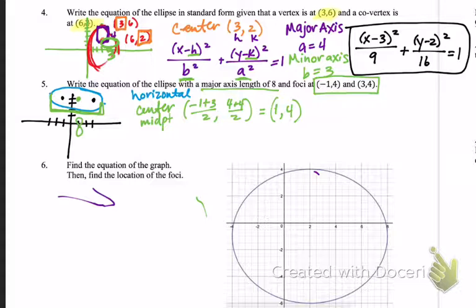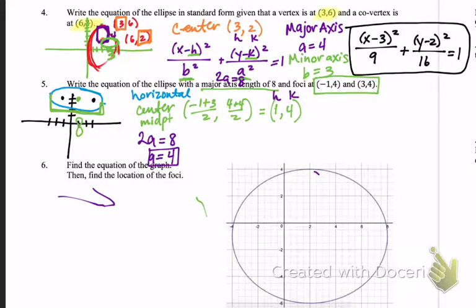So my center is at 1, 4, and that also will be my H and my K. And I know that the length of my major axis is 8, so then I know that my A is going to be half of that, because 2A is equal to 8. So that means that if 2A equals 8, then A equals 4.